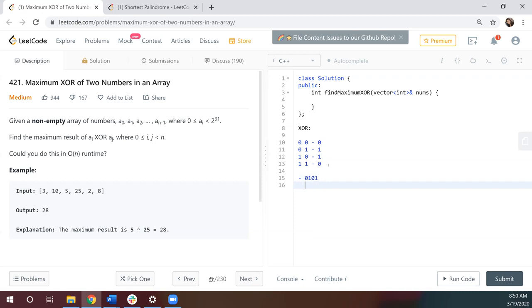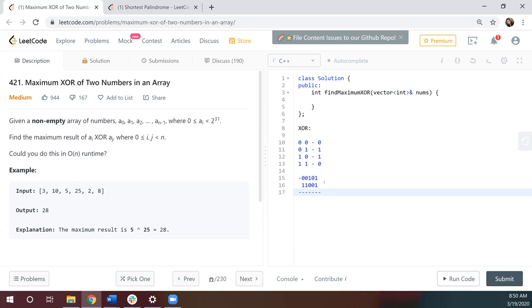Let's say 8, first of all 16, so 1 1 0 0 1. That is 16 plus 9, right? Yes, it's correct.